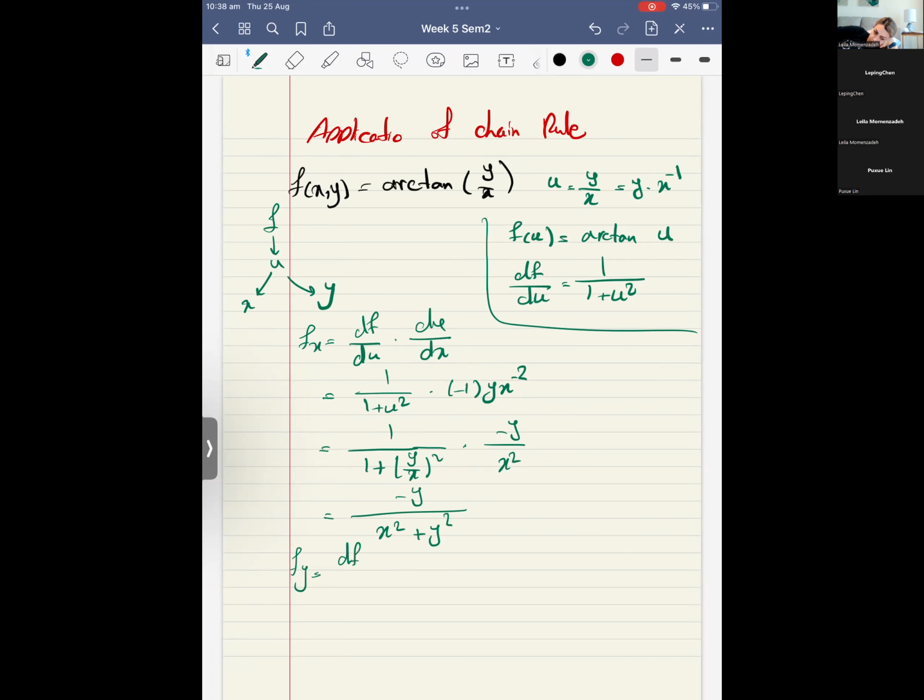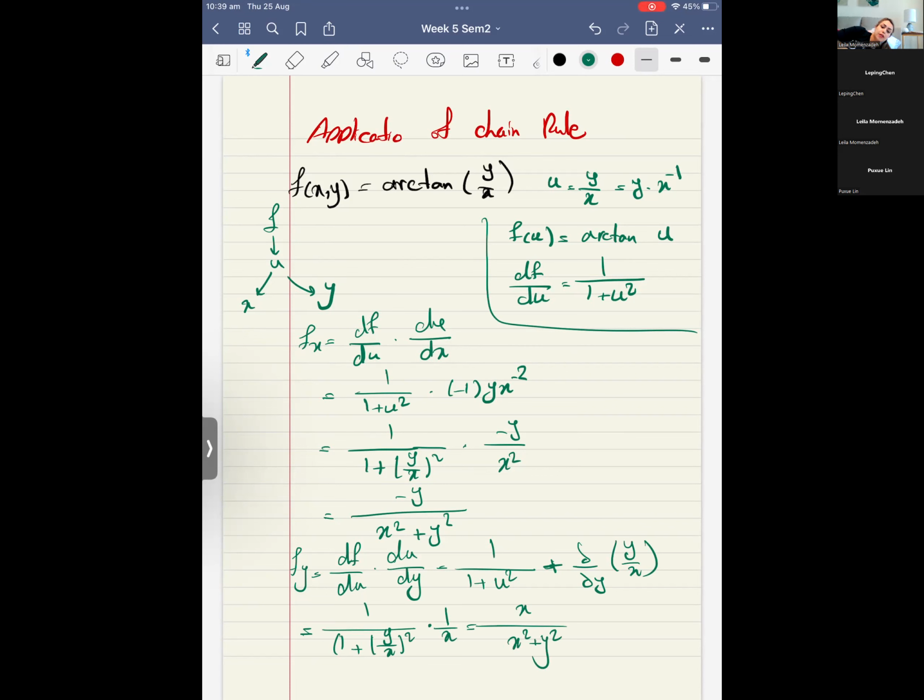And for fy, you have df over du times du over dy, which would be equal to 1 over 1 plus (y over x) squared times 1 over x, and multiplying together, at the end you have x over x squared plus y squared.